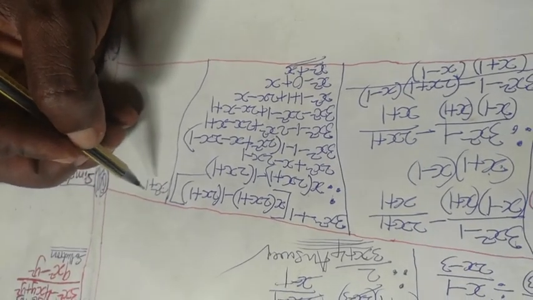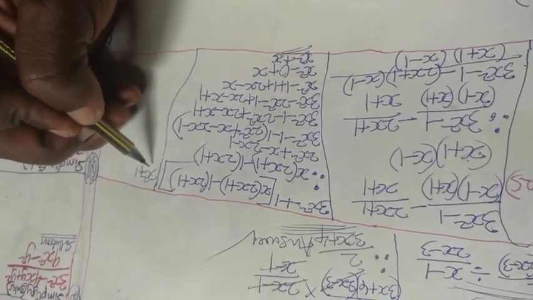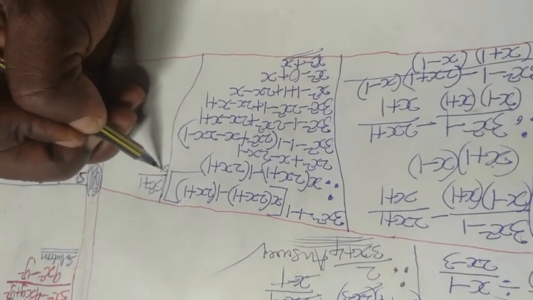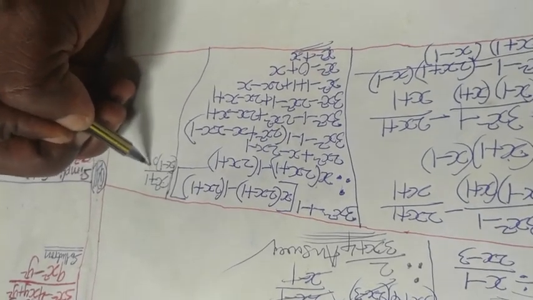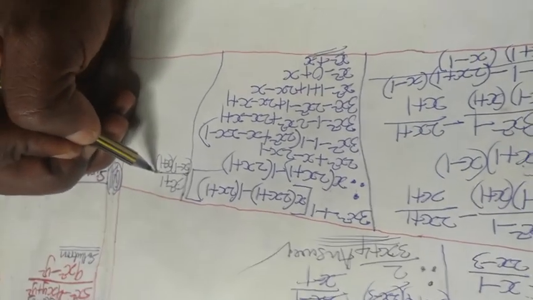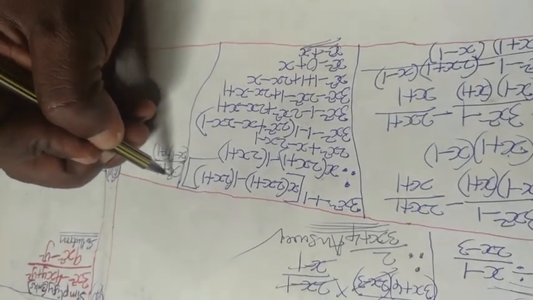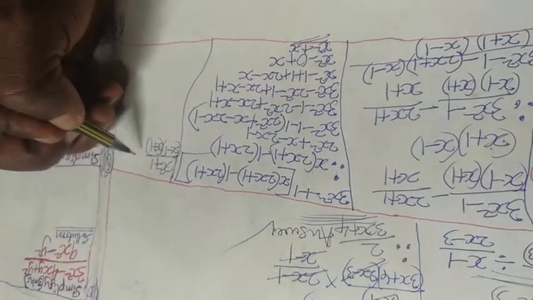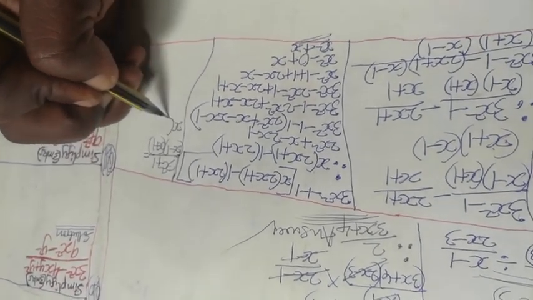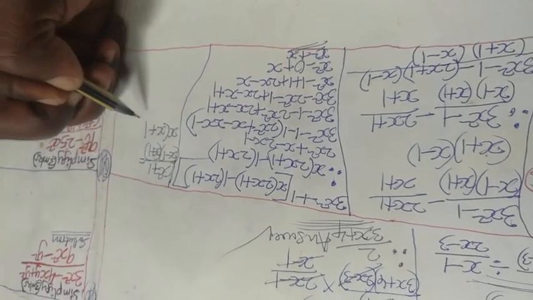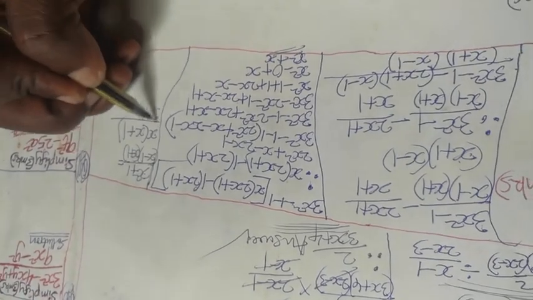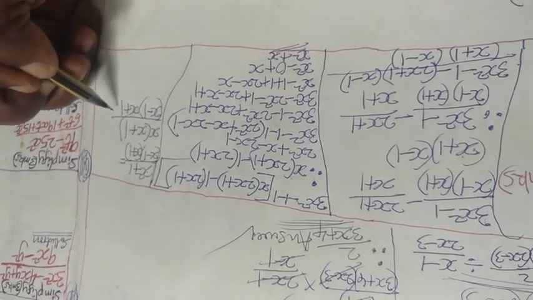This will be over x minus 1 into brackets x plus 1, which will further give, if you factor out x into x plus 1, x into brackets x plus 1 all over x minus 1 into brackets x plus 1.